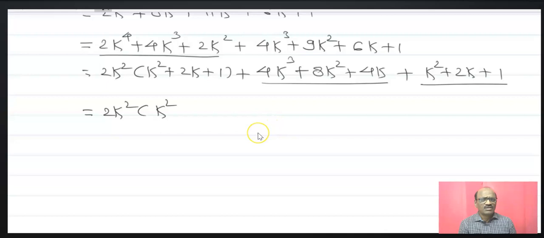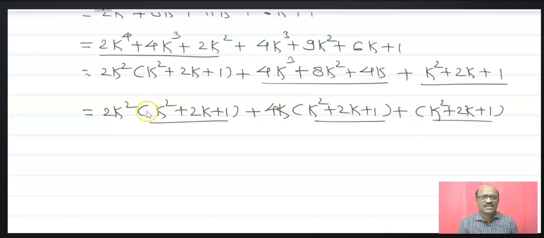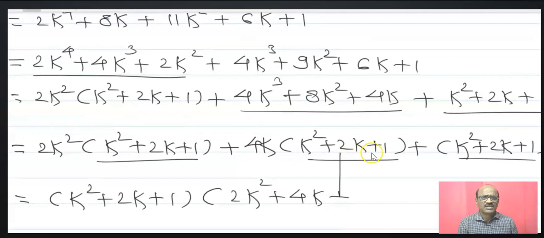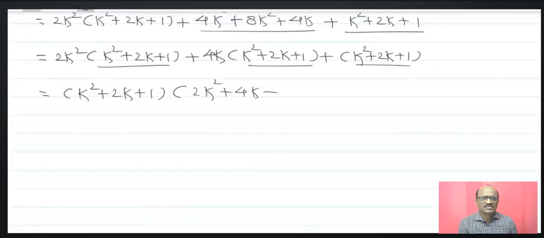Now overall, that is it. If we take the common, in bracket you will get the same terms, and from the last you can take the 1 as common, that is k square plus 2k plus 1. Now from all these terms you can take the k square plus 2k plus 1 as a common, and in the bracket you will get 2k square plus 4k plus 1.